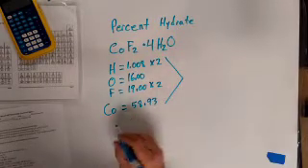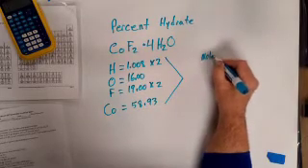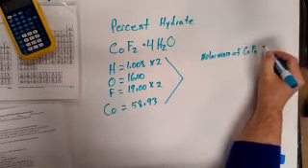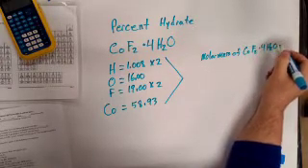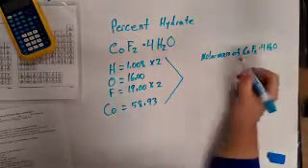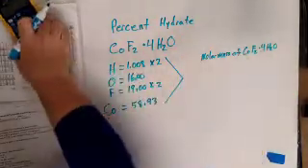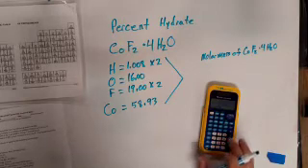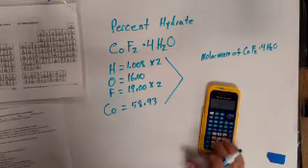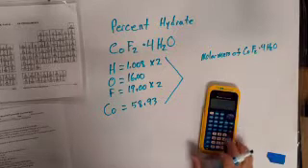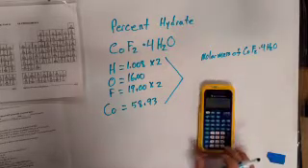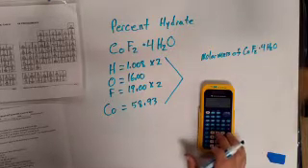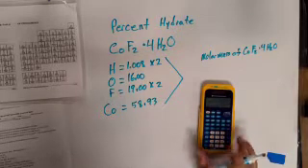And when we add all of that up, the molar mass of CoF2 4H2O is 1.008 times 2 plus 19 times 2 in parentheses plus 16 plus 58.93.